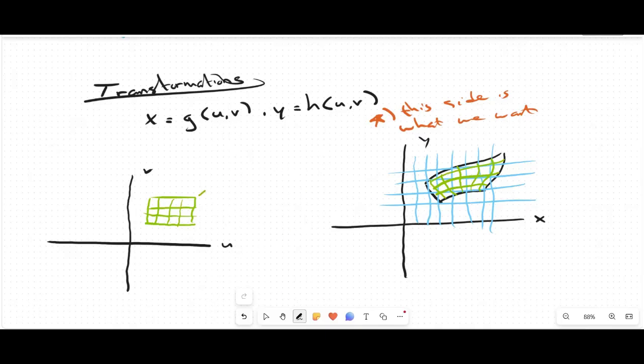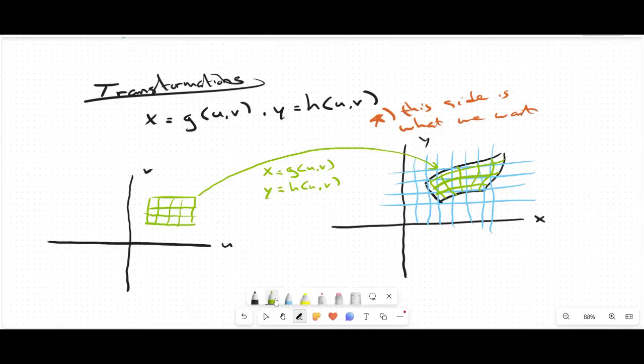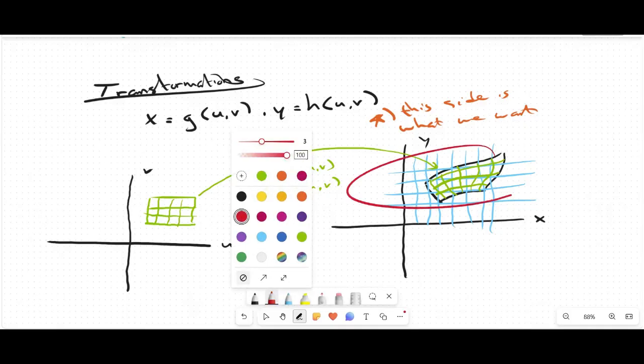And we're going to take that shape and map it onto this weird shape using two functions, G and H. And what that's going to mean is when you look in X and Y and you see these weird green coordinates on my new shape, you're not going to have to think about it that way.